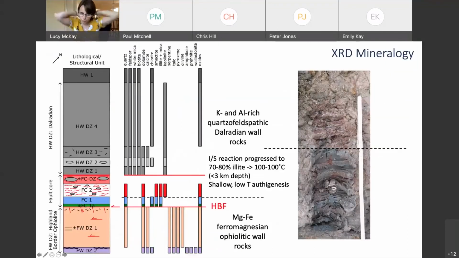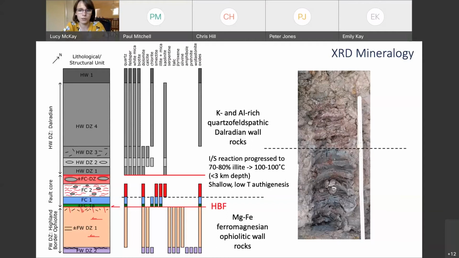I've given you a little bit of mineralogy as I've been going through. So the XRD reveals that the mineralogy is actually somewhat complex within this fault core, and that there was a distinct chemical change between the blue gouge and the red foliated chaotic breccia. So the blue gouge had illite, smectite and chlorite, which was magnesium and iron rich, whereas the red foliated chaotic breccia had potassium-rich illite, smectite and kaolinite.